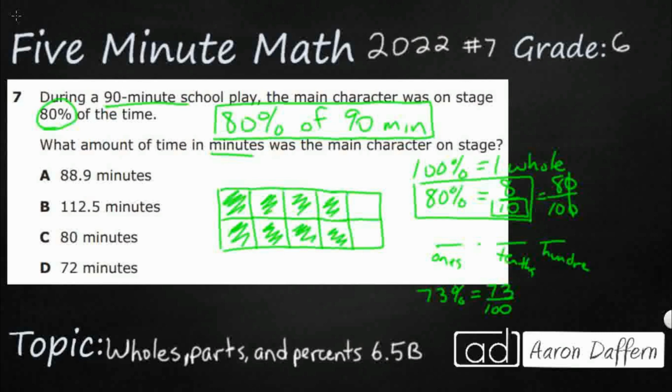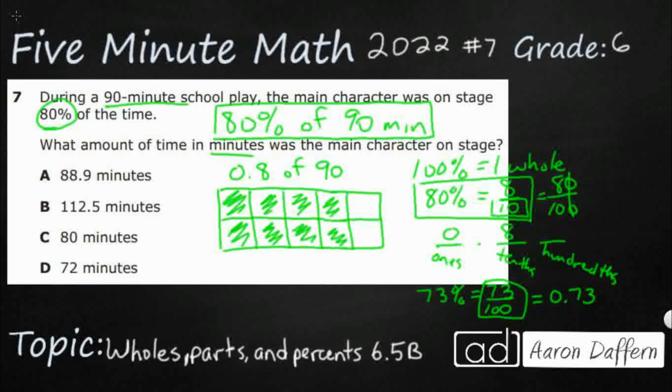So if we can get our denominator into tenths or hundredths, it's an easy switch over to a decimal. So like this 73 hundredths would be 0.73. I'm looking for my 8 tenths, and it's going to be 0.8. So what if I said 80% is the same as 0.8, and I need to find 0.8 of 90?